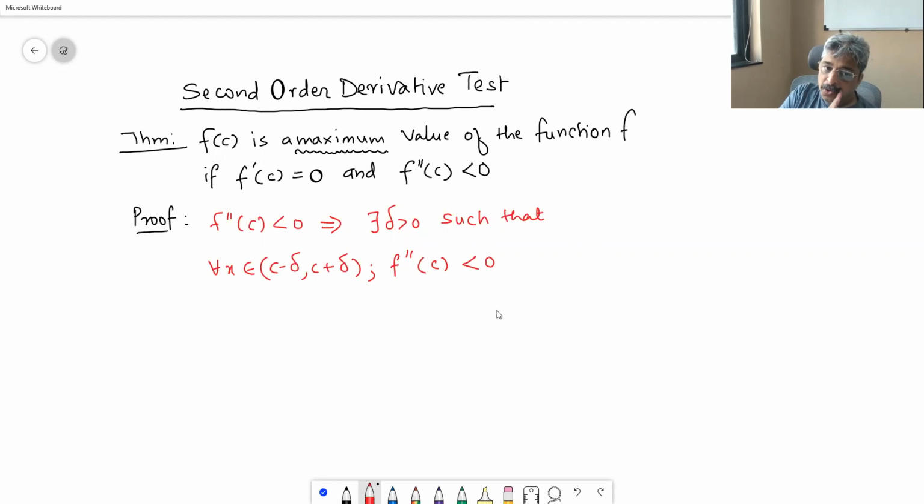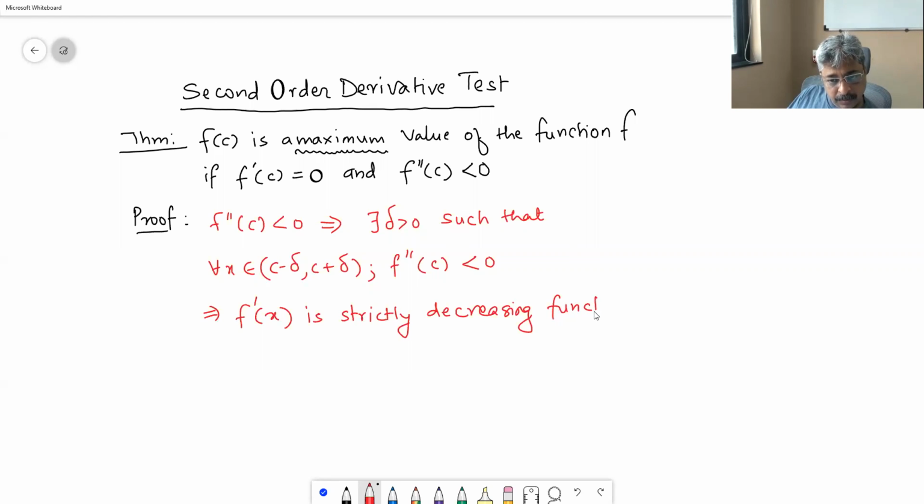Correct? Implies f dash of x is a strictly decreasing function on c minus delta to c plus delta.